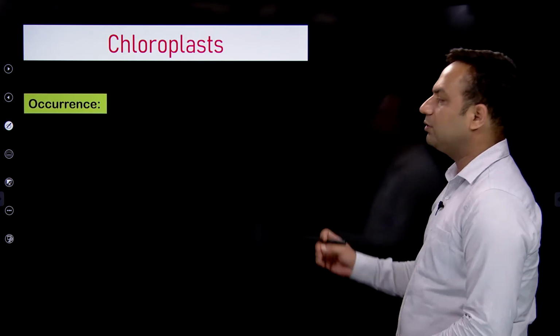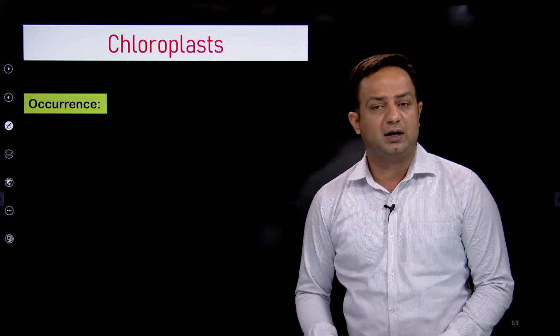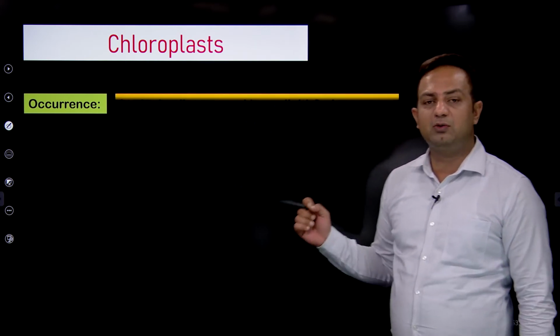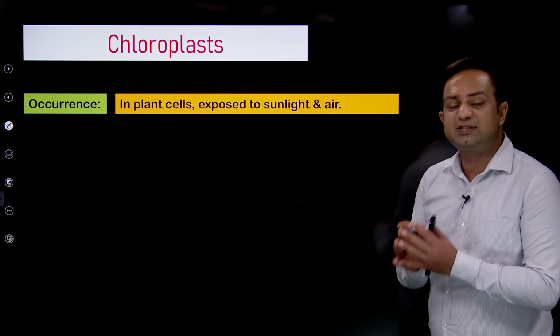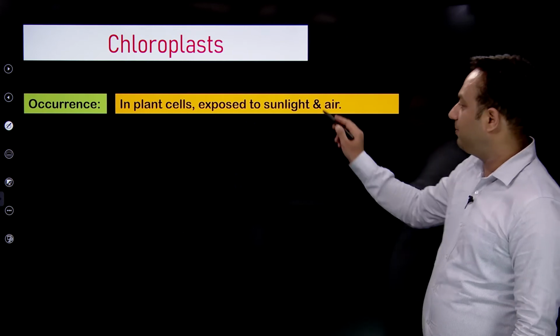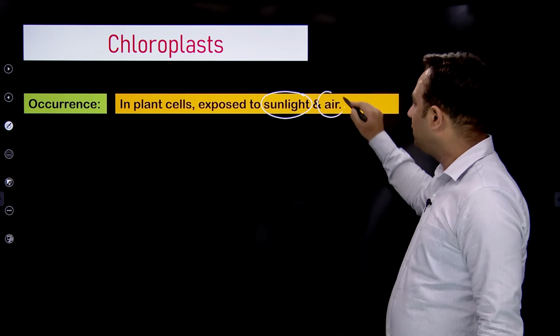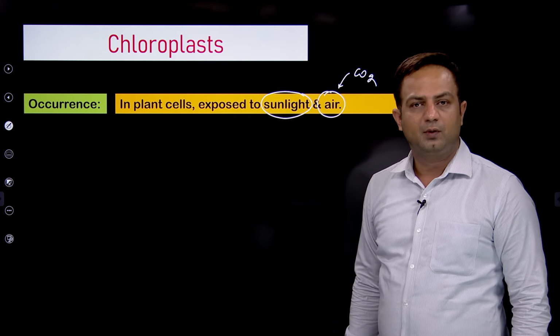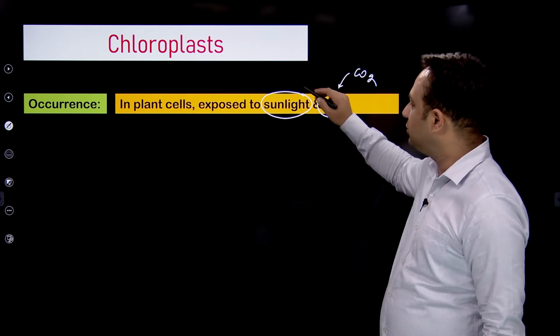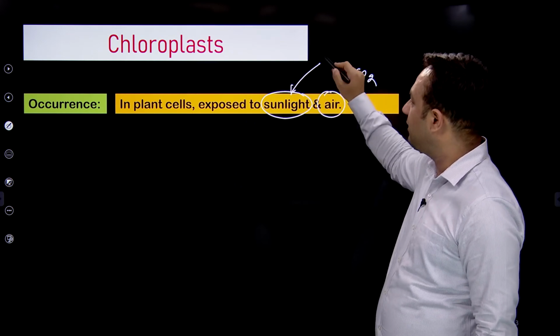Next, the chloroplast. About the occurrence of the chloroplast: it occurs in plants that are exposed to sunlight and air. Remember, sunlight, air. From air, what do they need? They need CO2. From sunlight, what do they require?